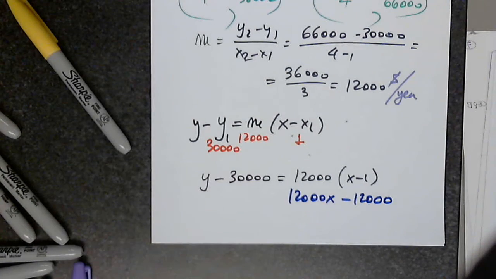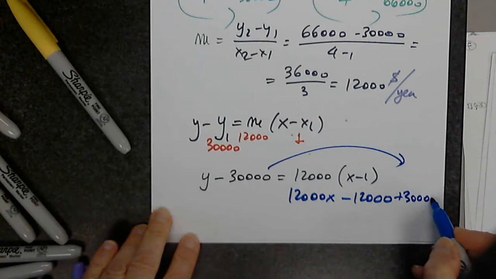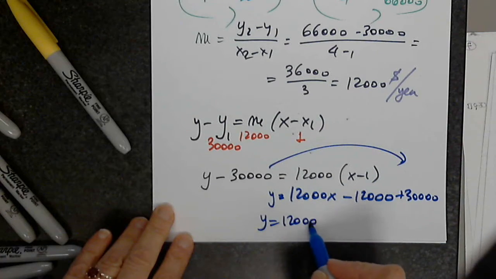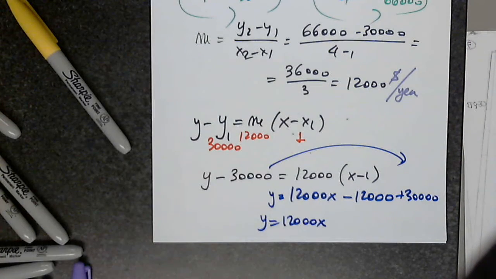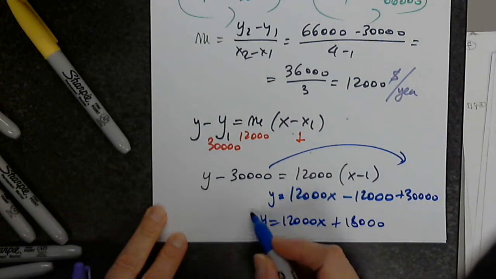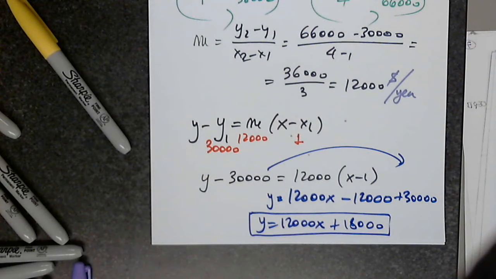And then I have to bring over, what am I bringing over? 30,000. Exactly. So y equals 12,000x. 30 minus 12 is 18,000. So plus 18,000. Now let's analyze what this means for a moment.